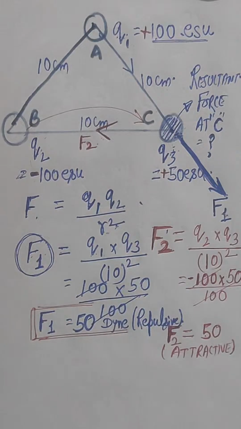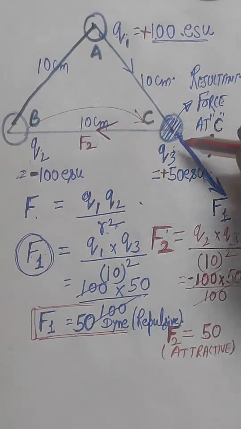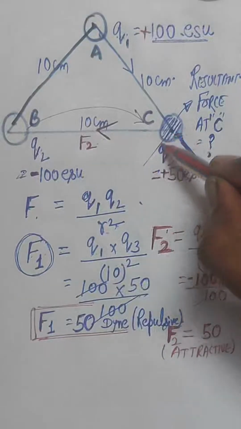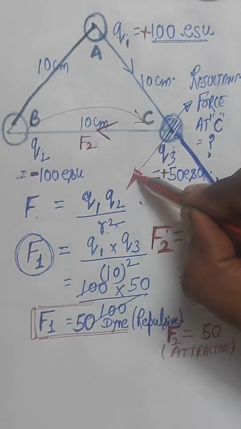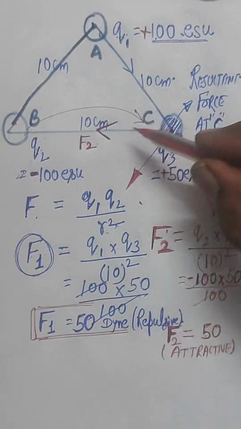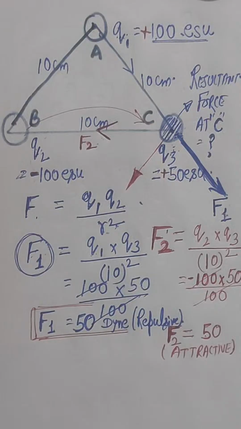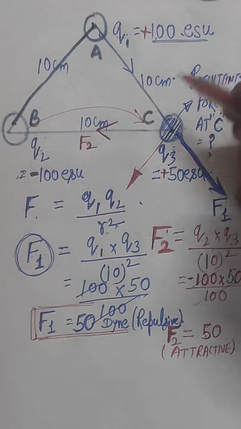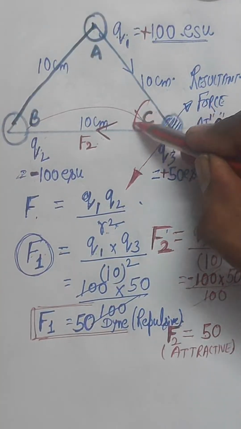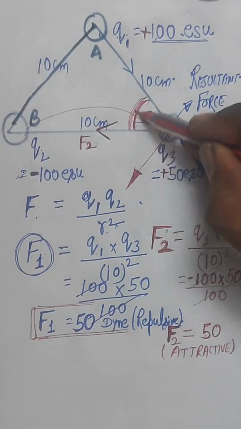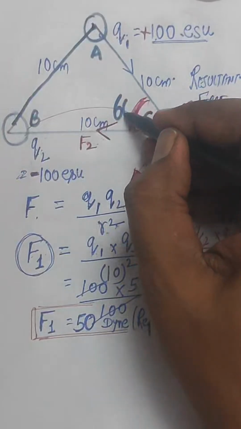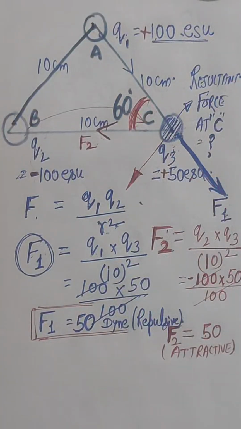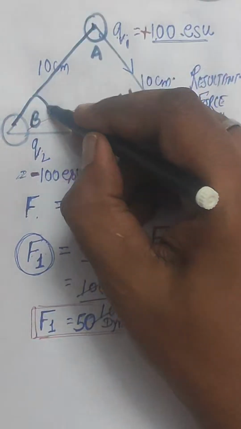Find the resultant force, right? The resultant force will be acting somewhere over here in between F2 and F1, right? And this angle, being an equilateral triangle, is nothing but 60 degree. In fact, all the angles are 60.